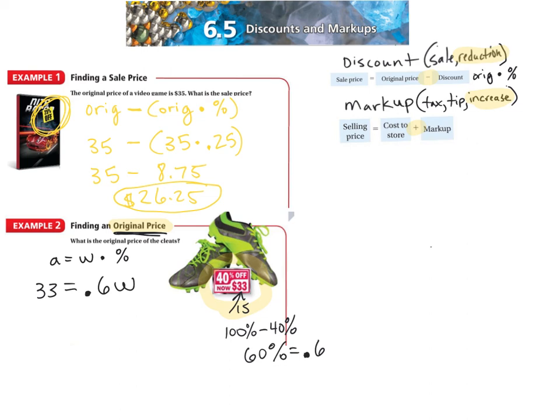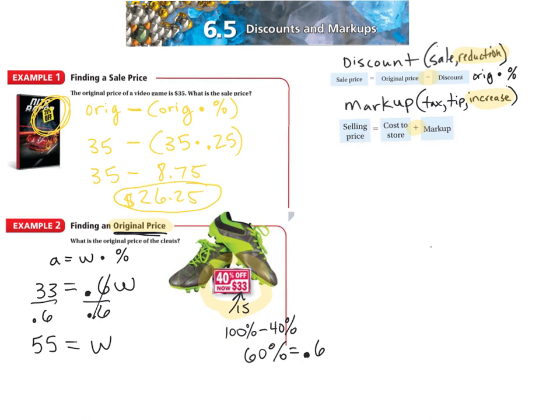I just flipped them around and made it look like what we're used to seeing. So then I just divide both sides by 0.6 to solve for W, and those become 1, and therefore our whole, or the original price, is 33 divided by 0.6, which is 55.